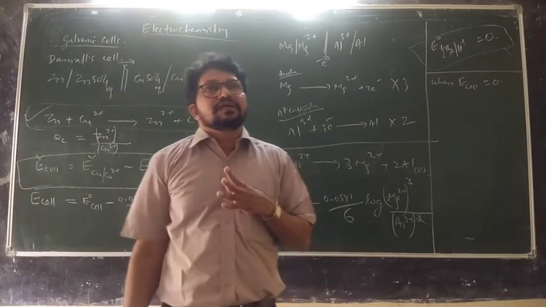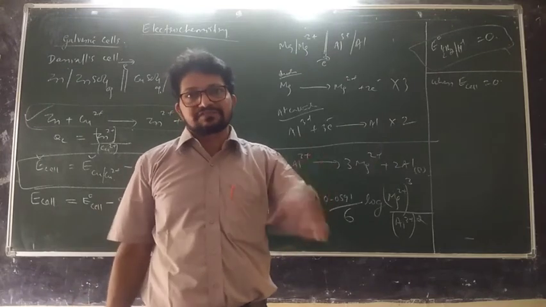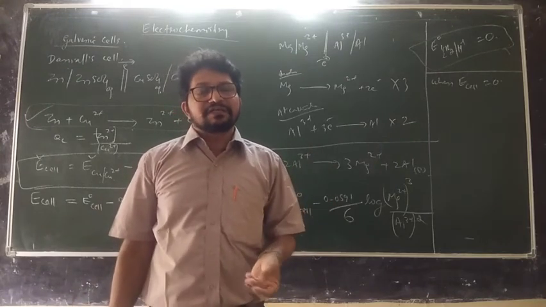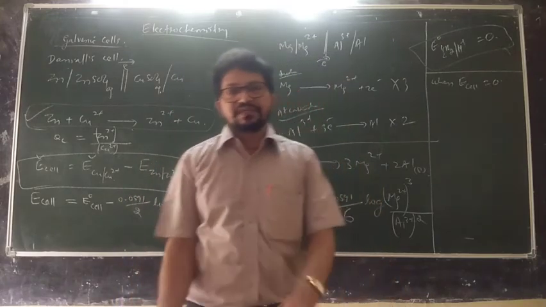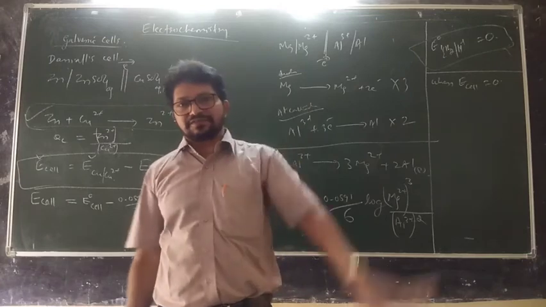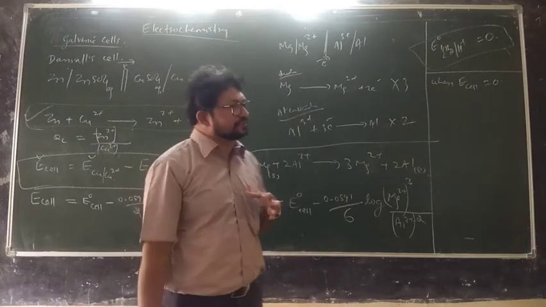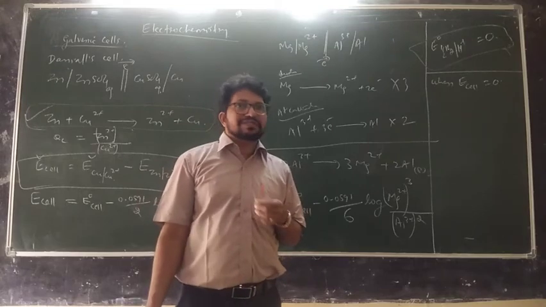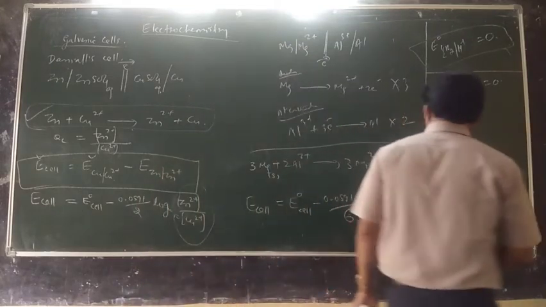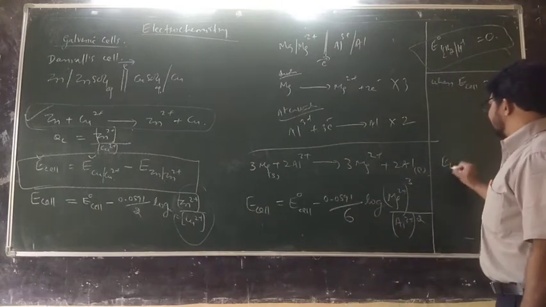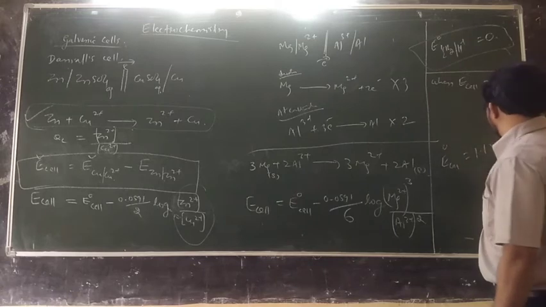One: suppose the battery continuously works, and one day the net reaction stops, then the EMF of the cell will be 0. What is another way the EMF of the cell can be 0? Now start charging the battery. Suppose we say Daniell cell, E of cell is 1.1 volt, E naught of cell is 1.1 volt.